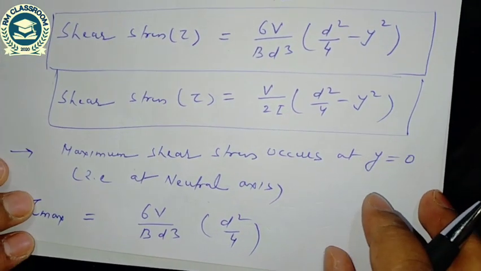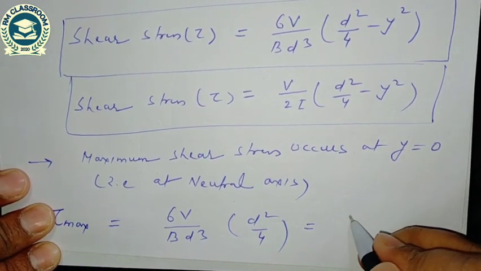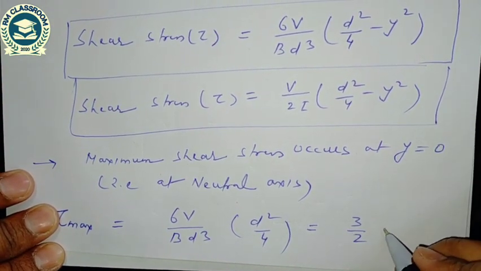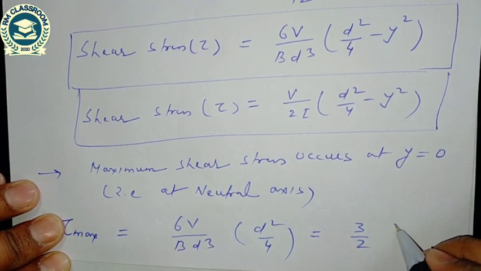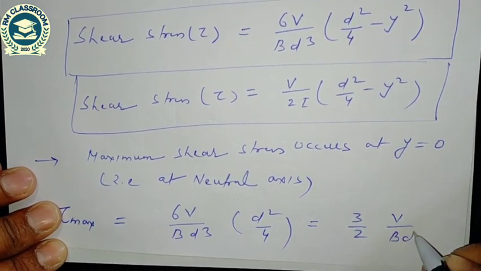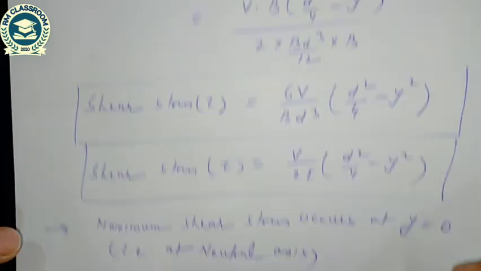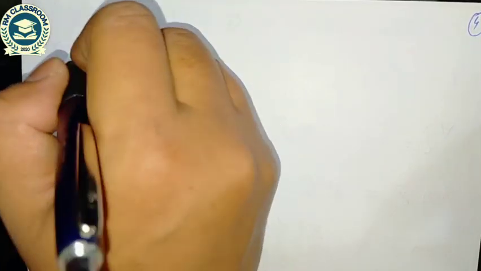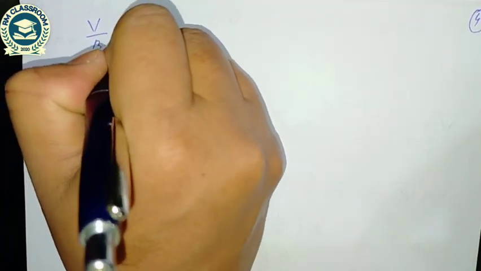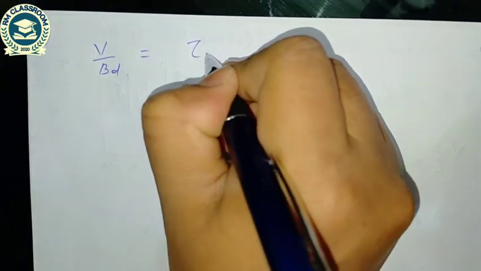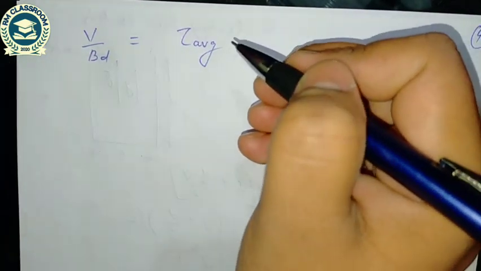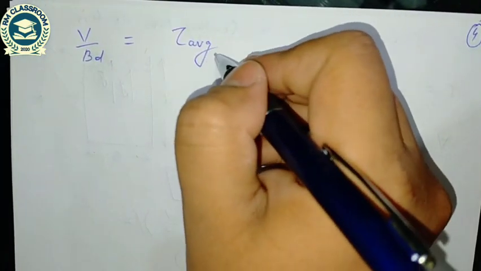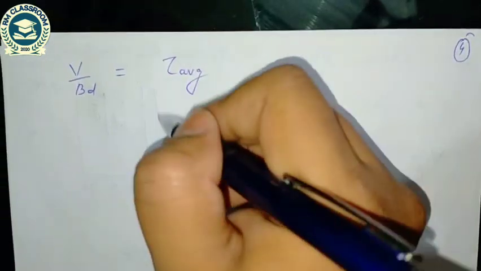So it is coming 3 by 2, d square cancels, V by B into d, and V by B d is nothing but the average shear stress. Average shear stress is nothing but shear force divided by area of that cross section.